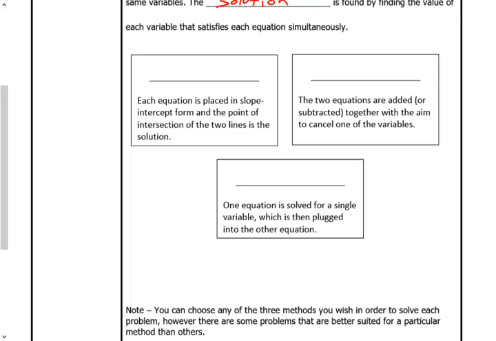The first one, and the one that you'll probably be the most comfortable with because you've actually used it already, is graphing. And what you do to graph is that you have to put them both in slope-intercept form, so they both need to be solved for y, and you find the intersection of the two lines.